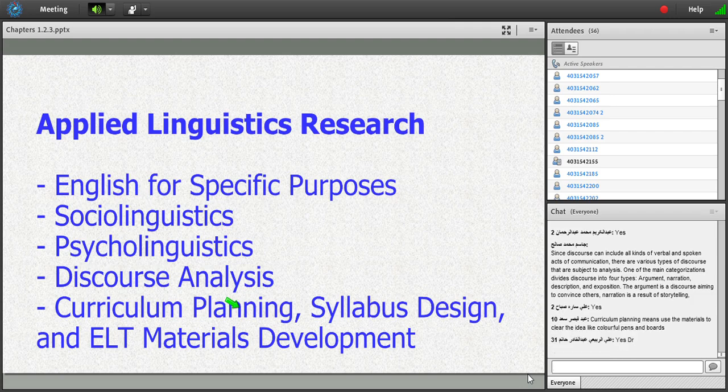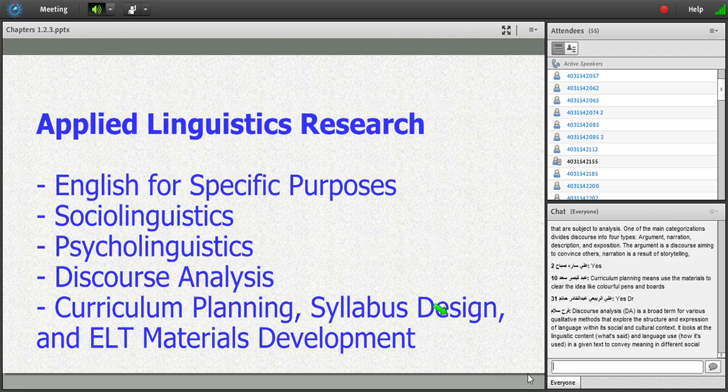So curriculum planning means use the materials to clear the idea like colorful pens or boards. Good. Thank you. So by syllabus design, we mean setting goals and objectives for different courses. For example, you define the goals for an academic year.